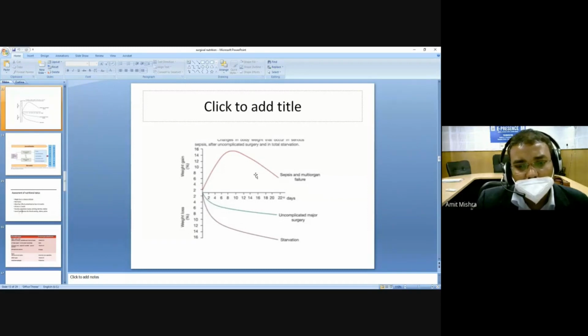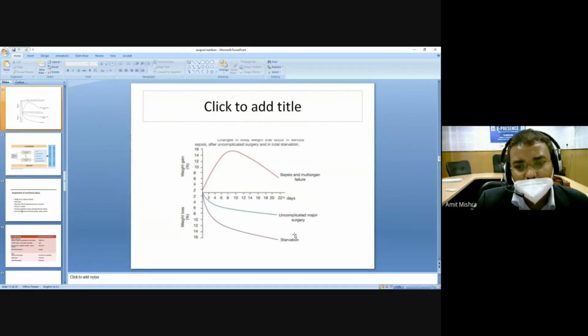So these phases are related to how much sepsis is encountered. A patient with severe sepsis undergoes weight gain because of retention of body fluid, and a patient in shock with multi-organ failure might gain weight.